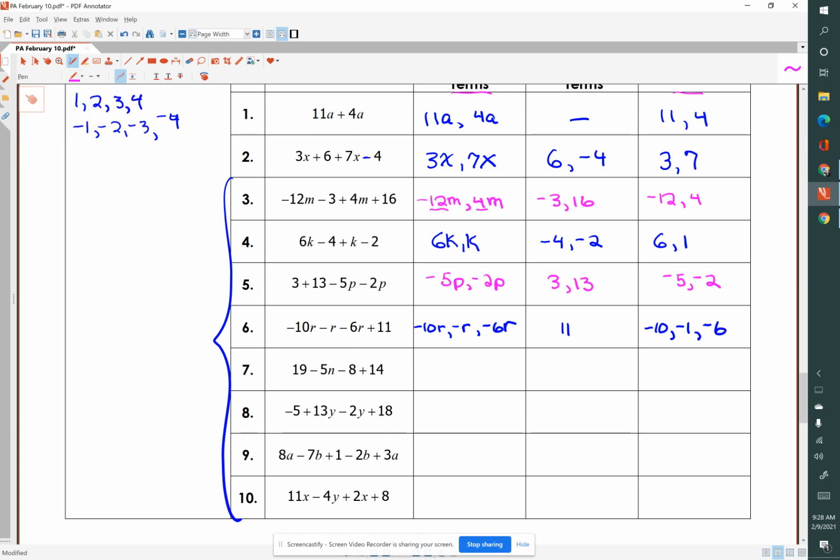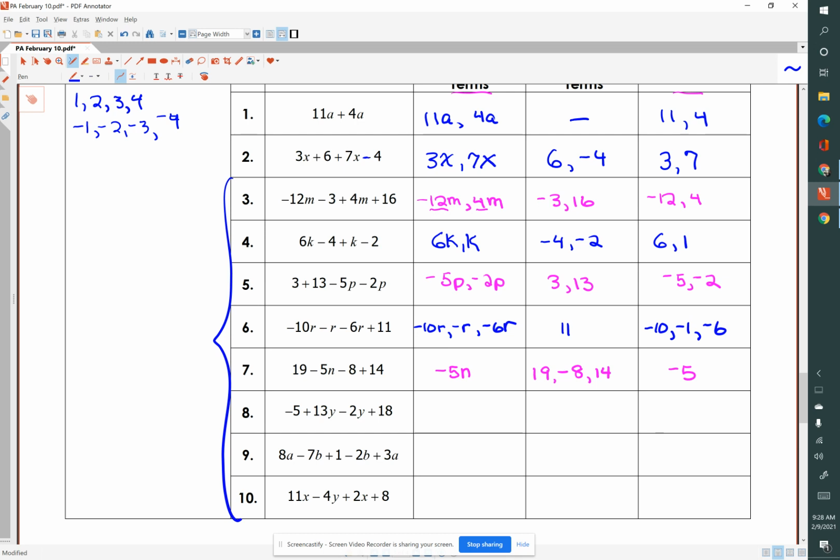Number 7, our variable terms, there's only one, negative 5n. Our constant terms, there are 3, 19, negative 8, and 14. And so we only have one coefficient, and that's our negative 5.